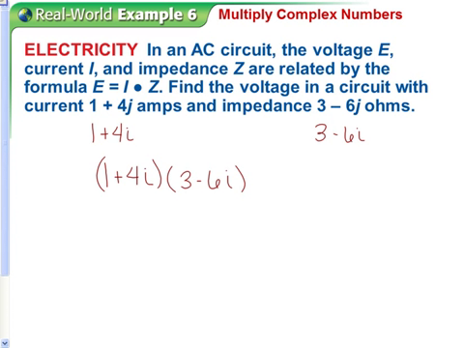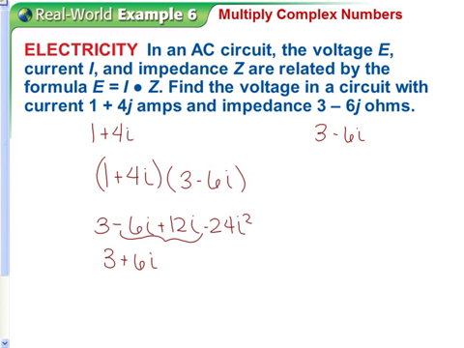So the first two gives us 3. Outside is negative 6i. Inside is 12i. And then the last one is 24i squared. So combining like terms, we get 3. Those two make positive 6i.